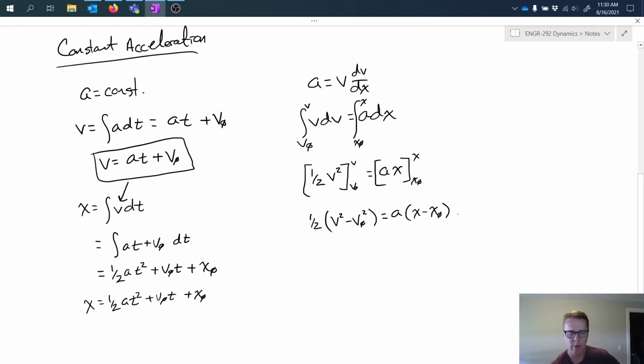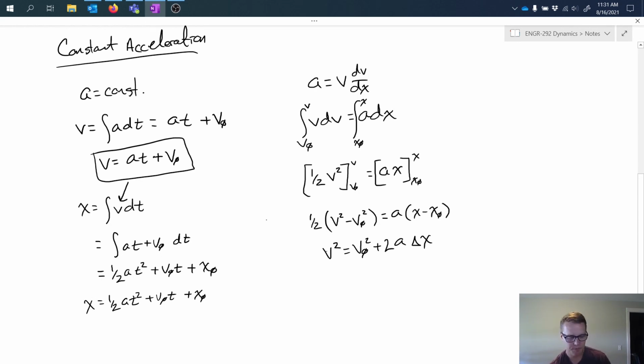So if I do some rearranging, I can set v squared equal to v naught squared plus 2a delta x. So what I end up with, again, is a function that doesn't include time. I can solve for my final velocity if I know my initial velocity, my acceleration, which is a constant, and whatever change in position I've observed.